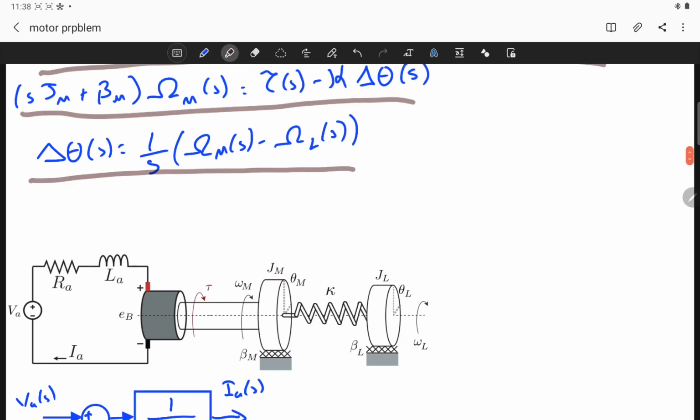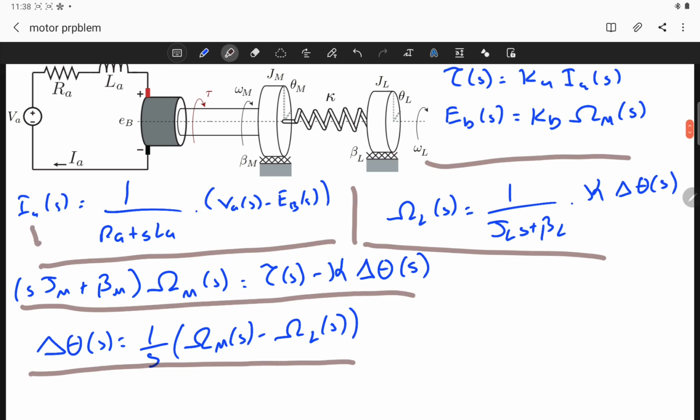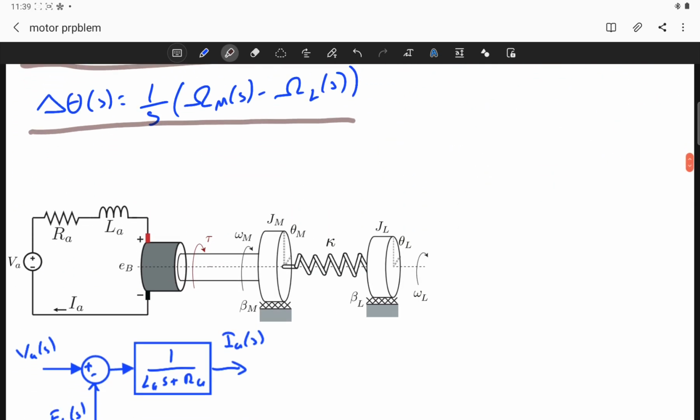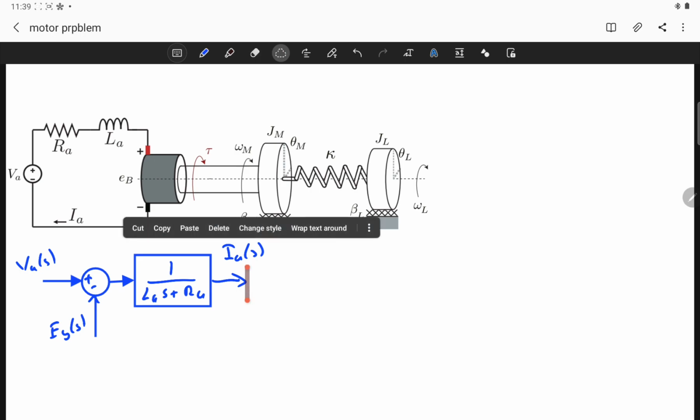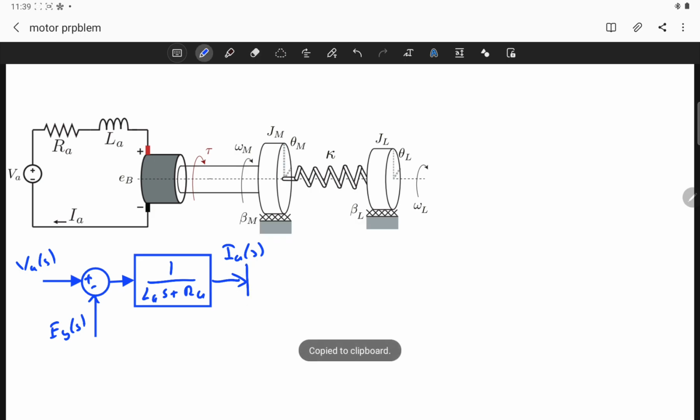So this is checked. We use this equation for the current, and we also use this other equation. The torque is generated by the current, and we simply multiply with a constant. So we have a constant gain.